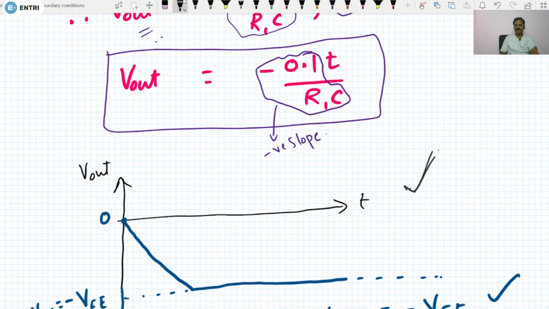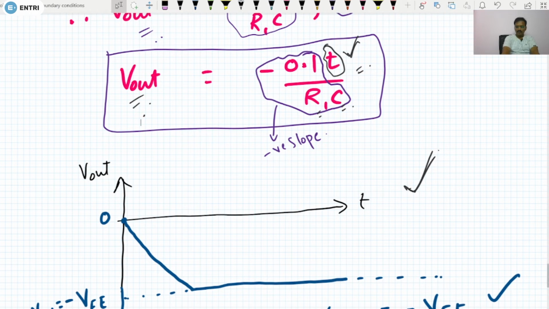If t is very large, that is, as t tends to infinity, this V out will reach minus VEE. Or if they have given a t value, then at that t value, and if they have given the R1 value and C value, you substitute these values and you are going to get the particular output voltage. Understood? Okay.